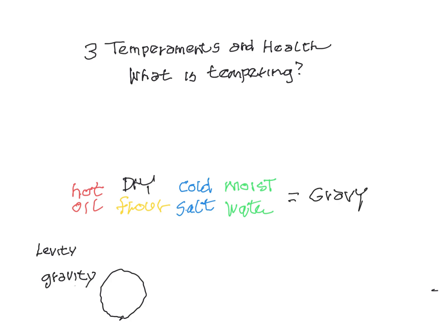And that's because I've tempered the four elements into each other in a sequence, where one quality can balance the other. The oil and the flour, the hot and the dry, connect to each other. The cold is also kind of dry. The salt is connected to that, and together they make it possible for the moist to be added, tempering the hot, dry, cold into gravy.